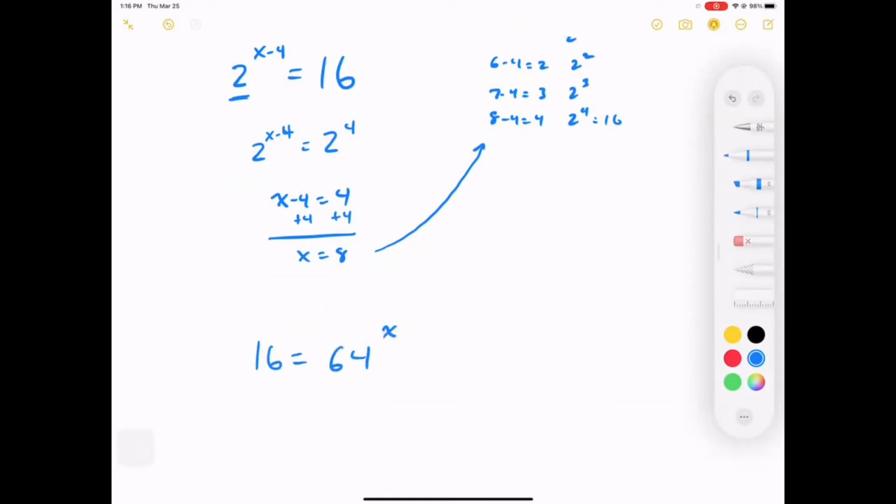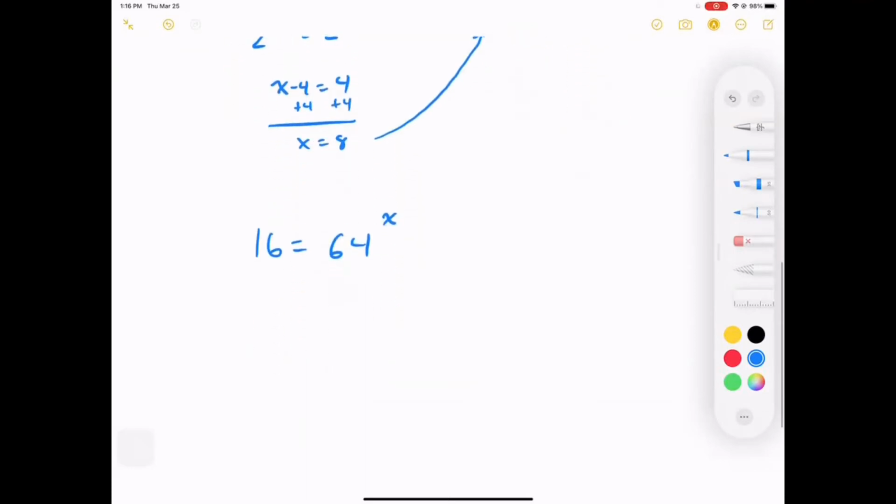Can I make 64 become a multiple of 16? Now this is a type of question that becomes tricky, because before we were able to make our bases look alike, but I don't know that I can make 16 into 64, right? Give me 1 second.